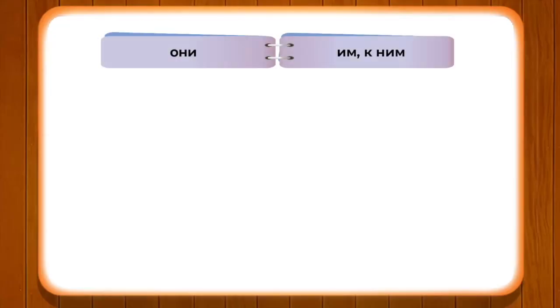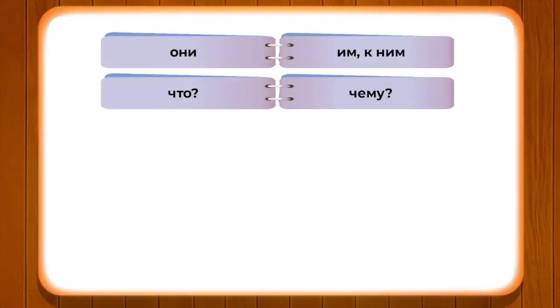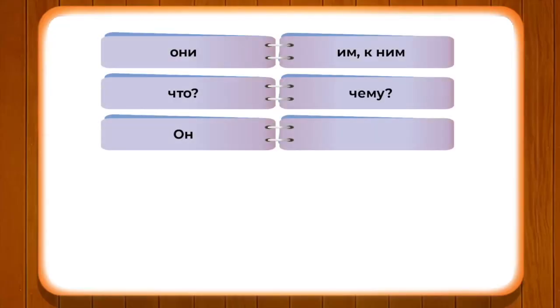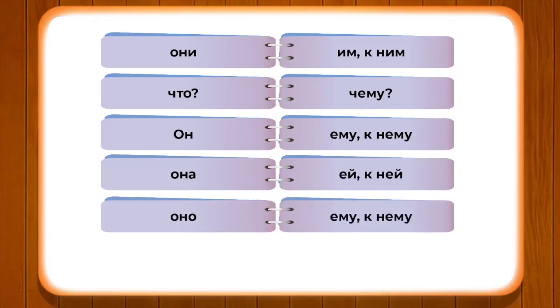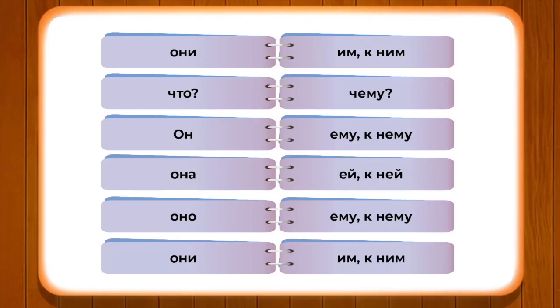Likewise, in dative, if anything is inanimate, the question is chemu. So for on, ona, ono, oni, the personal pronoun would change into emu, k nemu, ey, k ney, emu, k nemu, im, k nim. You can change depending upon the context, and use these personal pronouns in the dative case.